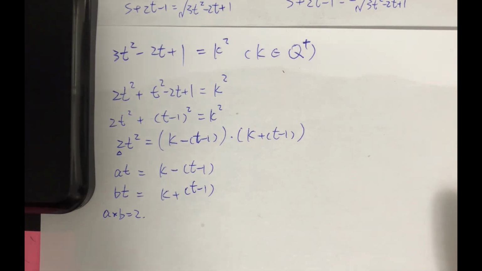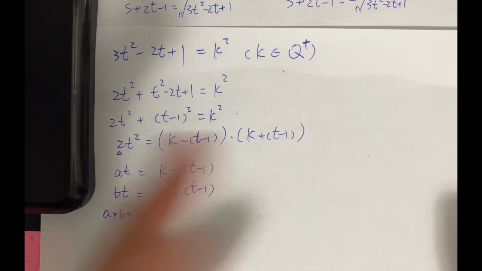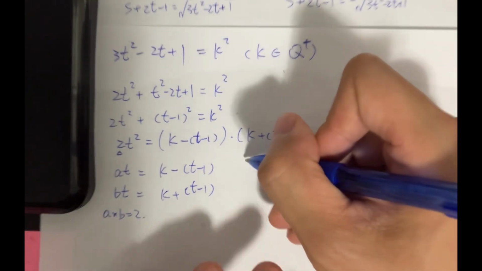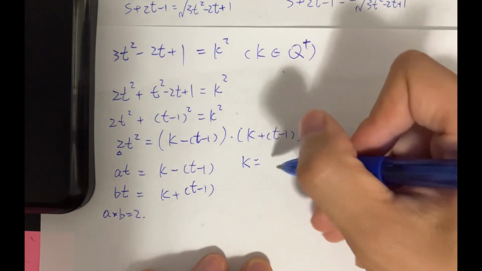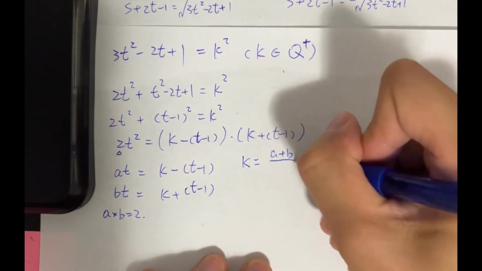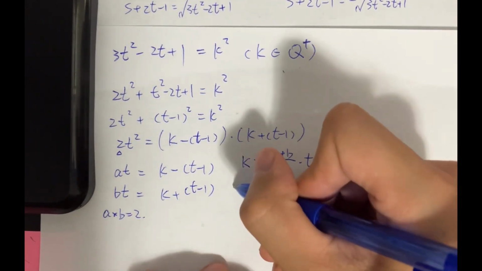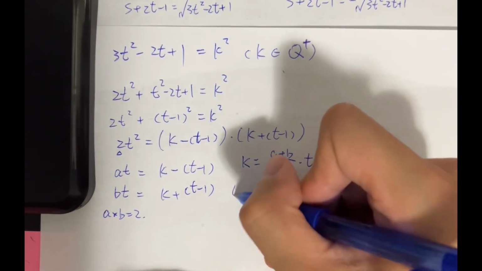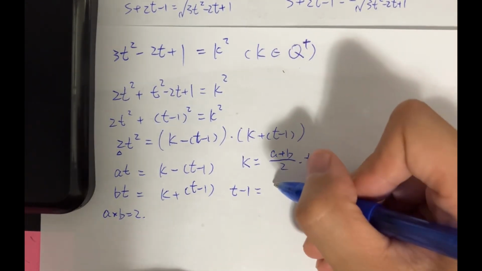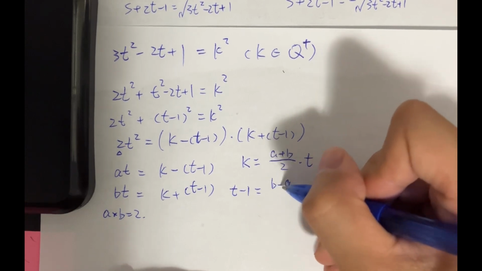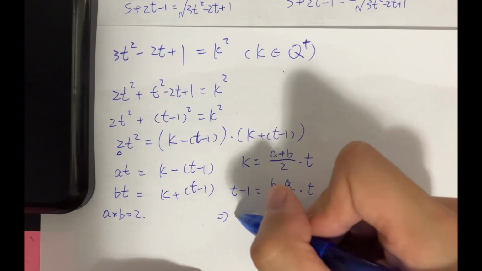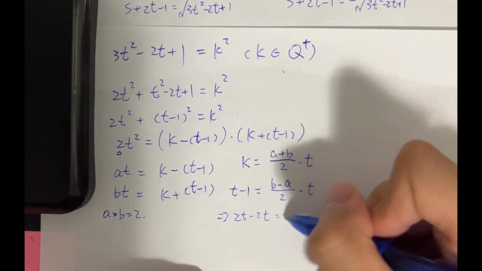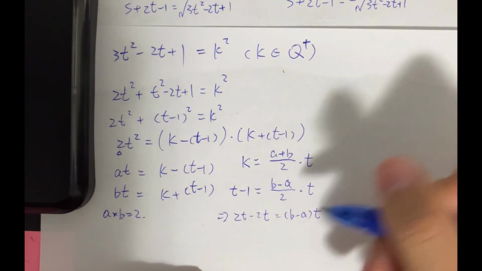And now let's solve for t and k in terms of a, b, and it's just a sum and difference problem. So k is, all right, a plus b divided by 2 times t. And t minus 1 is b minus a divided by 2 times t. Okay, and then that means that 2t minus 2 is b minus a times t.